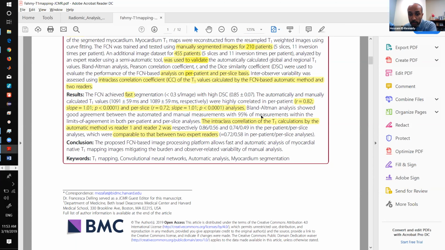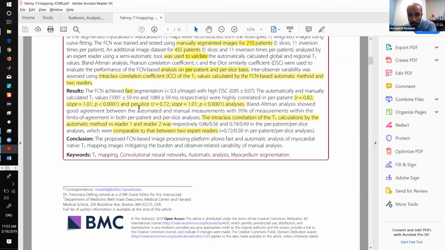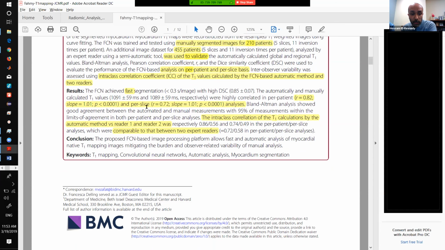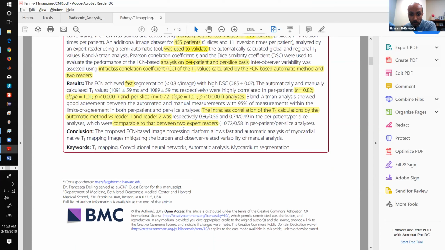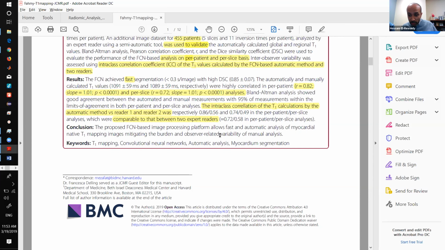For the T1 values calculated by the automated method and the manual analysis, we had very strong correlation between both of them in the per patient analysis, and a little bit lower correlation for the per slice. Also, the interclass correlation between the automated method and both readers was comparable to the interclass correlation between the two readers. So this is the summary.